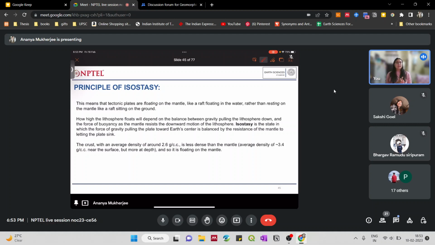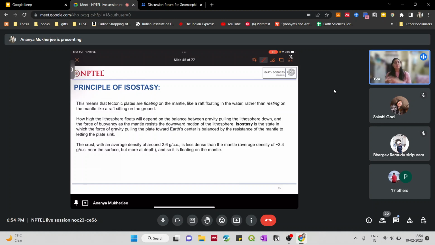It is the state in which the force of gravity pulling the plate towards earth's center is balanced by the resistance that the mantle gives to the plate, which does not let the plate sink. Okay, so we said that the continental plate is lighter.